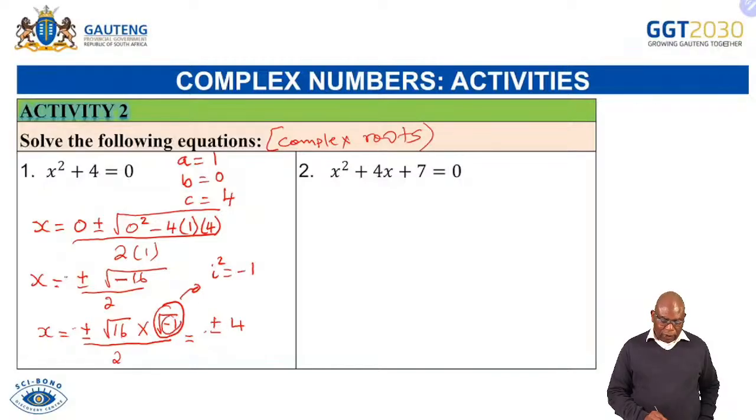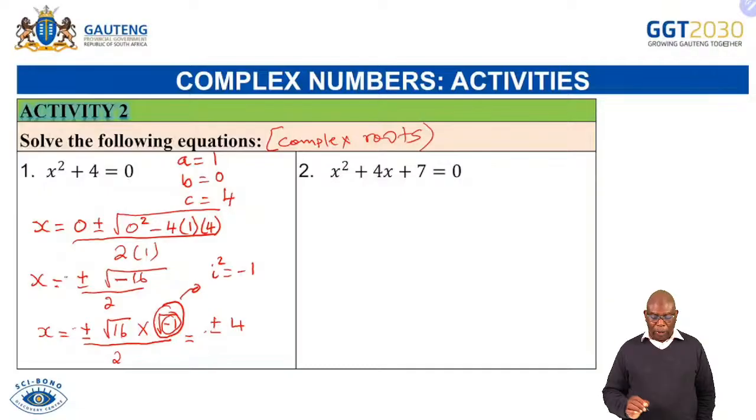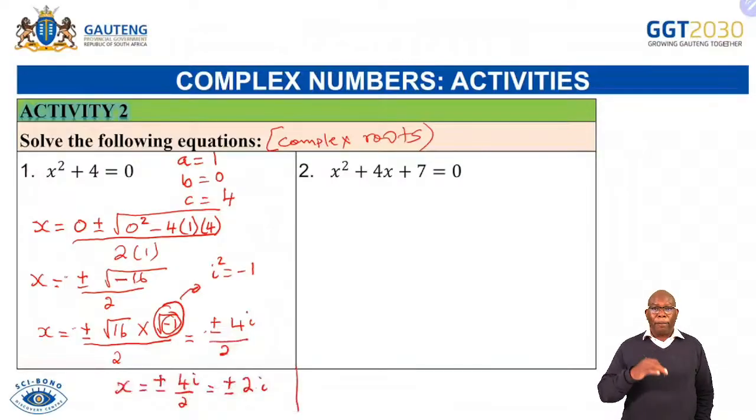So instead of writing minus 1, we write i squared, and the square root of i squared is i. Then all divided by 2. So your answers are going to be plus minus 4i all over 2, which is the same as plus minus 2i. So you'll have two answers: plus 2i and minus 2i. And that's what you're going to get.